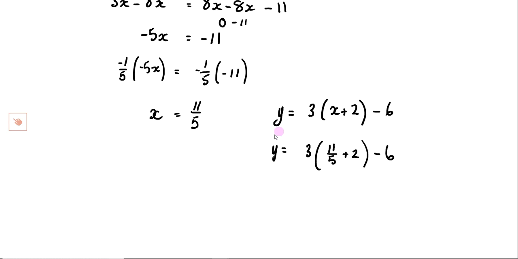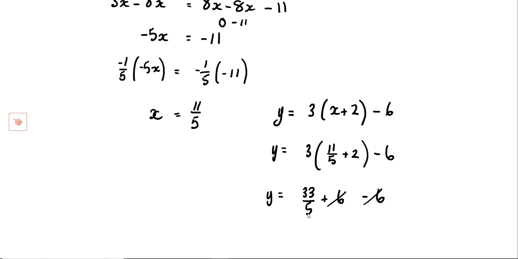Because in the book it tells you 2.2, but... So what can I do? 33 over 5 plus 6 minus 6. How easy is that now to do? 33 divided by 5 is my answer.